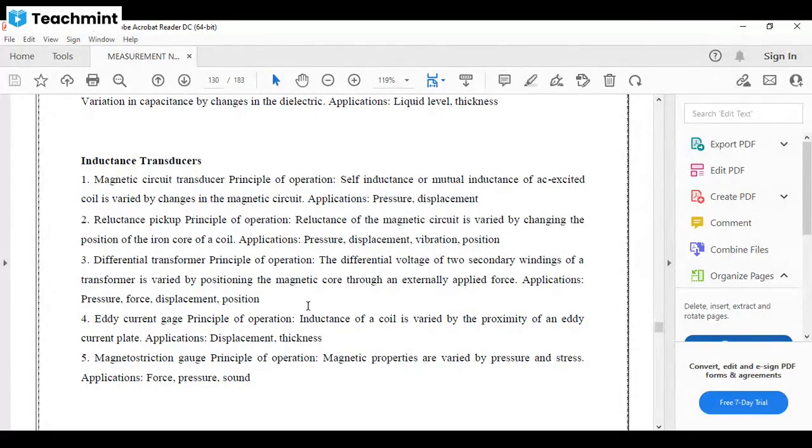In the LVDT, there is one primary winding and two secondary coils, and the core is between them. If the core is moved due to the external force, then the potential difference between the two points changes, and the output signal is a voltage signal. Then we can easily measure the displacement of the core, or the displacement of anything as per our requirement.